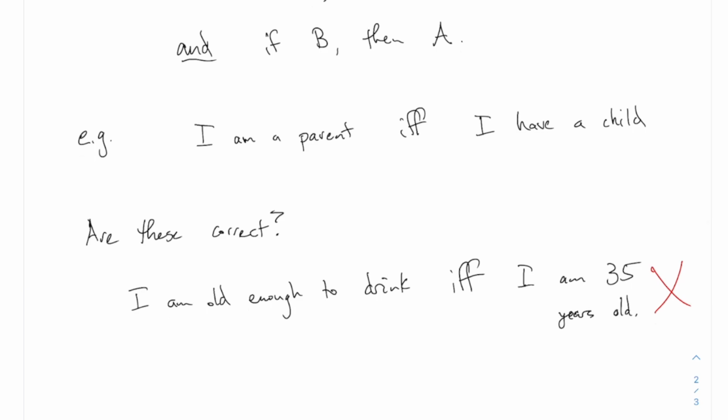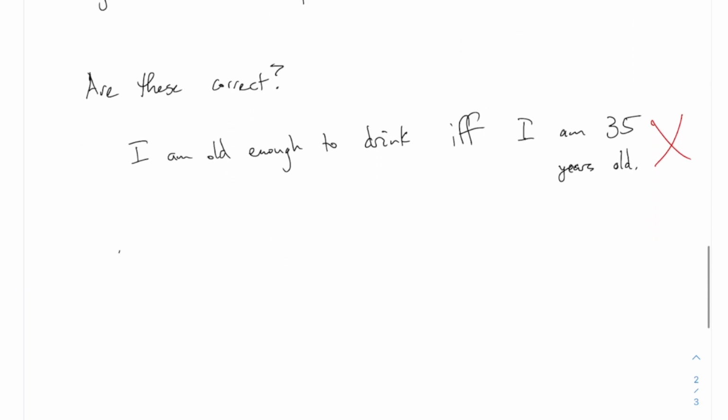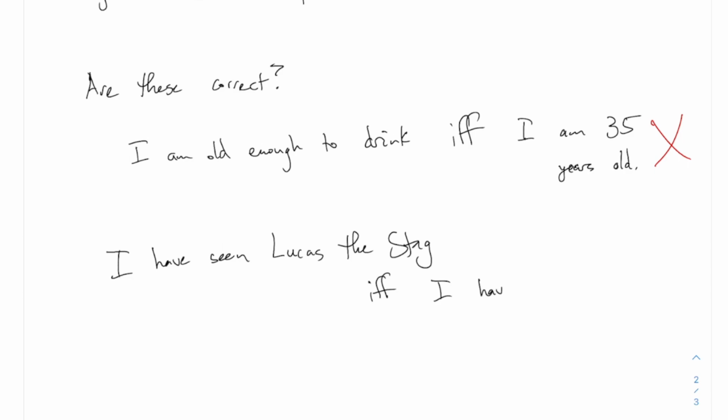How about, I got a few more here. How about: I have seen Lucas the Stag, I mean the guy in the suit, if and only if I have been to Fairfield University. Is that true?